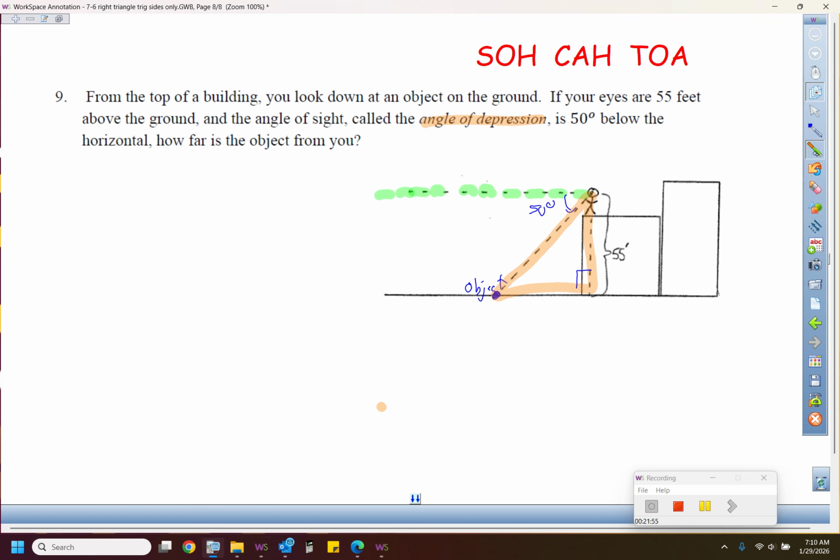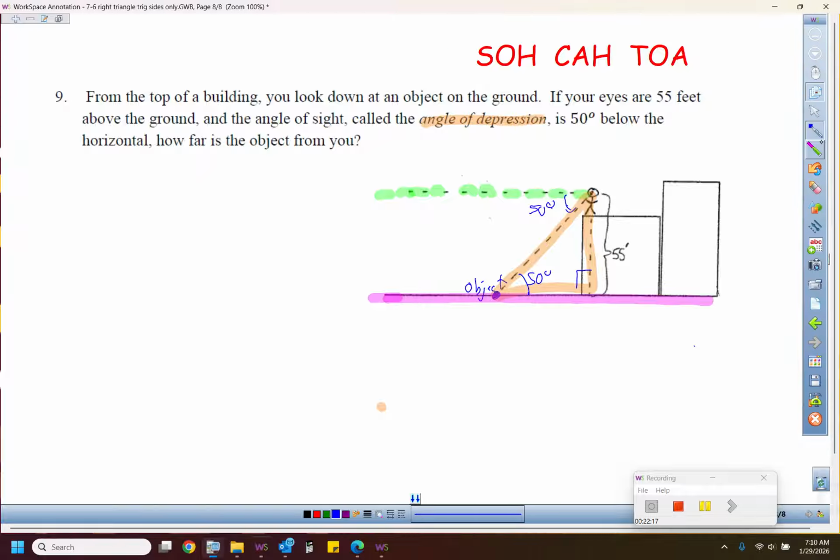But here's what we know. We will assume that that green dashed line and our ground right here are parallel to each other. And this angle right here are alternate interior angles. So if that one's 50 degrees, this one's 50 degrees. So there I got myself that angle inside the triangle.